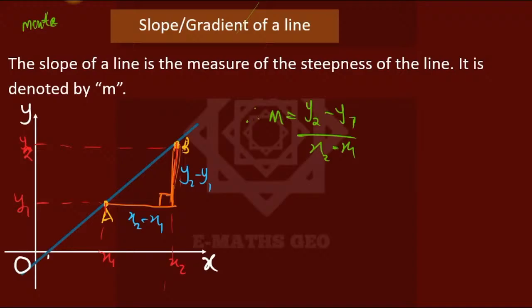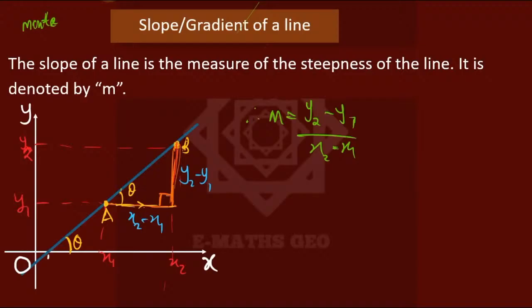But again, we can decide to assume an angle theta. The line makes an angle theta with the x-axis. We know that this line is parallel to the x-axis, so if this angle is theta, this one is also theta, by corresponding angles.